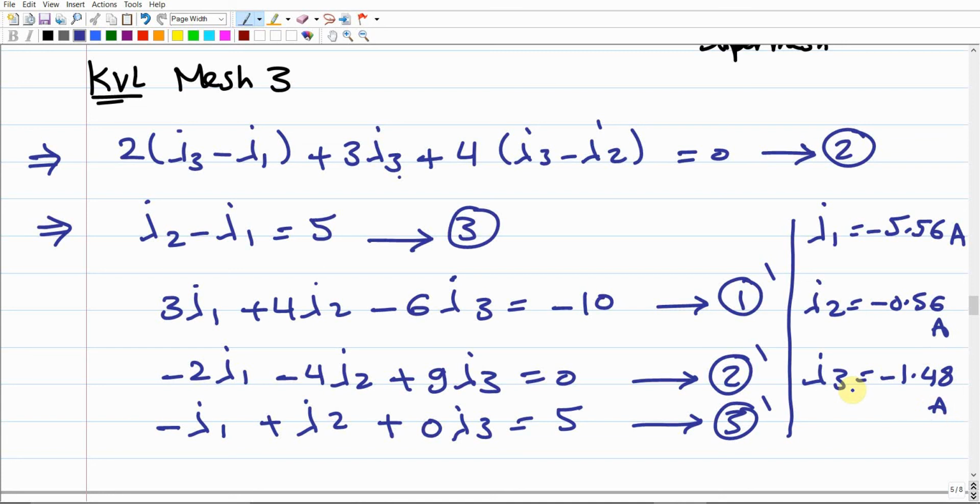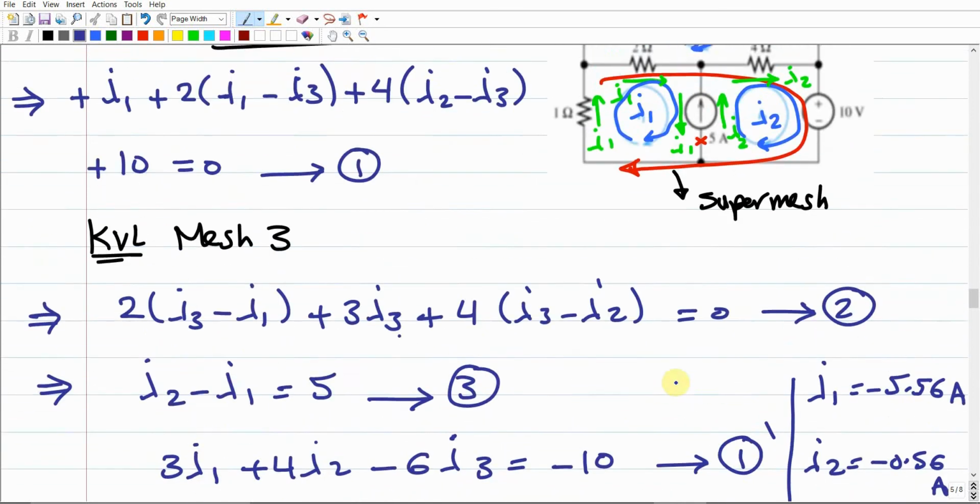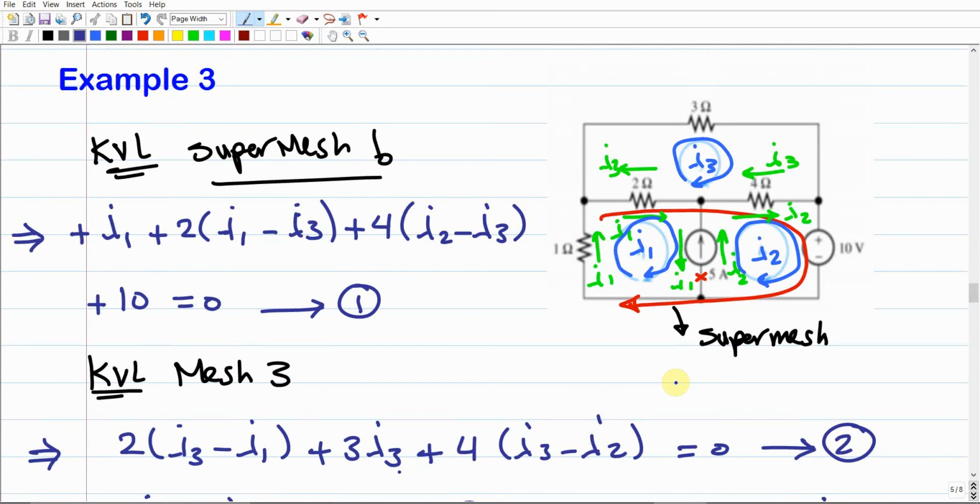So we got all of them negative. It means that we have to switch the direction. It means that the correct directions of the current should be opposite to what we already proposed, or assumed, in the beginning of this problem. So this gives us the total currents over the mesh currents. If we are interested in the current over any one of these electrical elements, like for example element 2, how much is the total current over element 2?